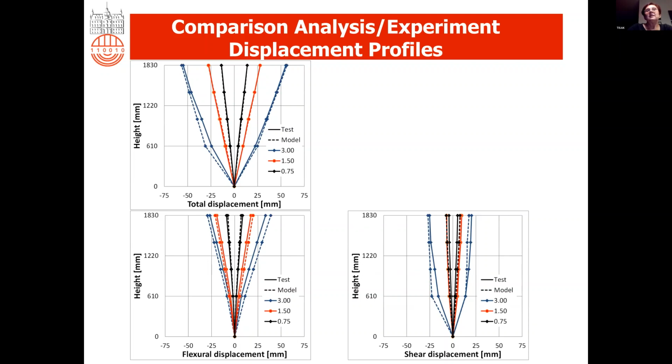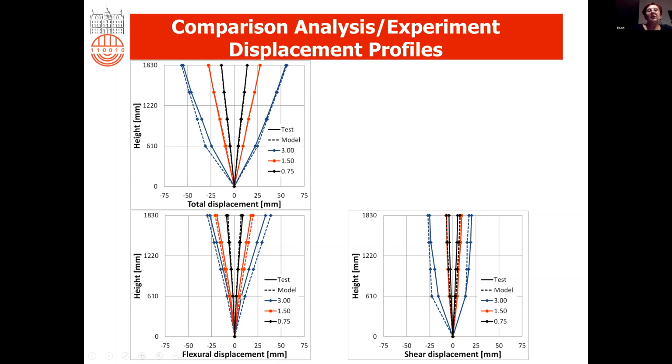So the results were quite good when we changed the model of the boundary springs. Very good results were obtained. This is the envelope of displacements. The test was cyclic, so these are different levels of imposed displacements.